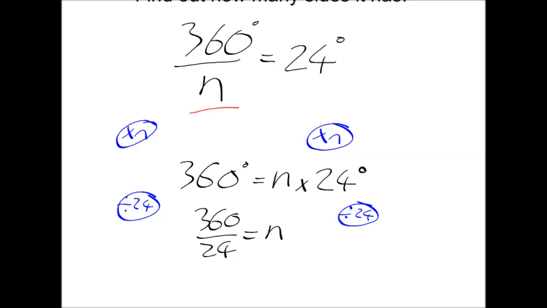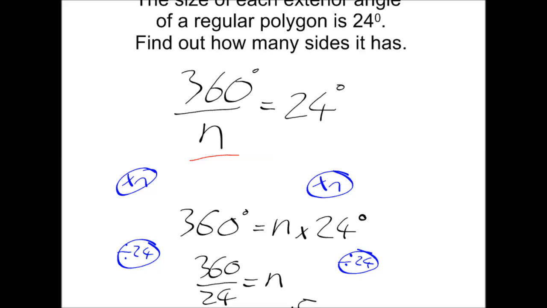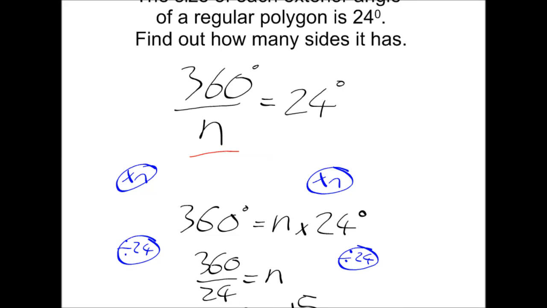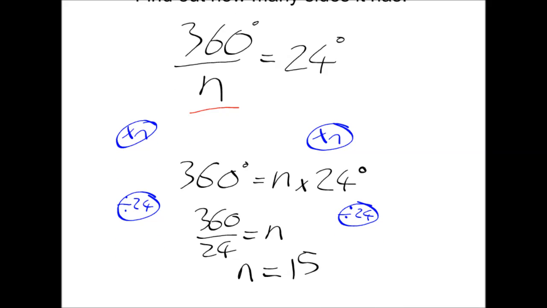If we do this calculation, we end up with n equaling 15. So we now know that from the original question, this particular polygon had 15 sides, and we found that out by knowing the size of the exterior angles in this particular polygon.